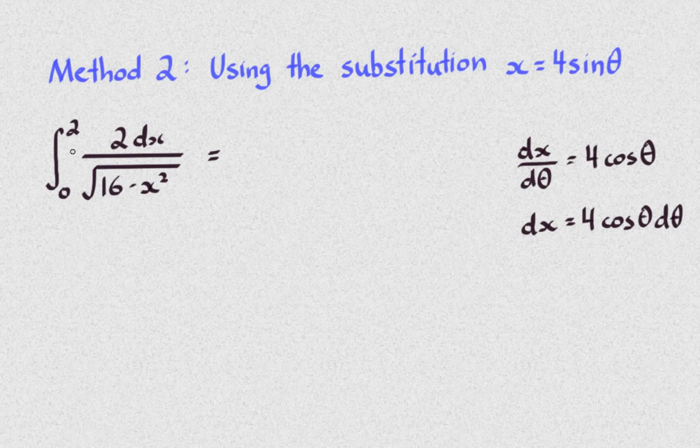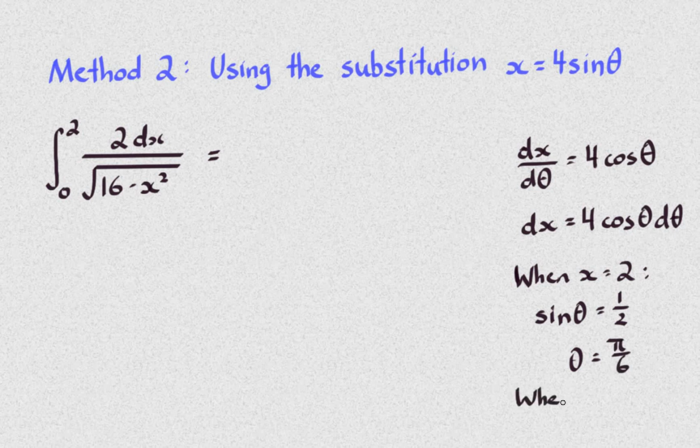As for our lower and upper limits on our integral, when x equals 2, we have 2 equals 4 sine theta, meaning that sine theta is 2 over 4, or 1/2. This gives us a theta value of pi on 6.